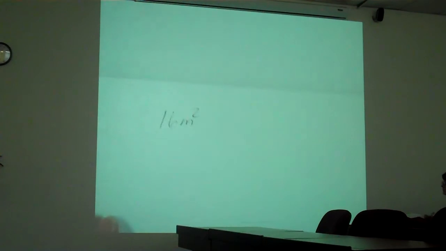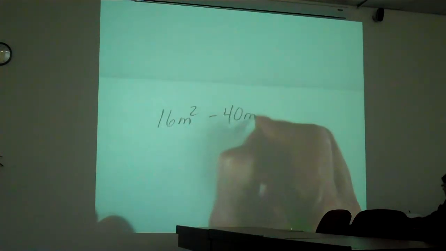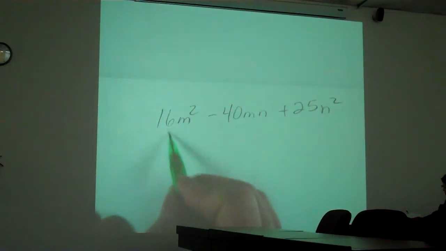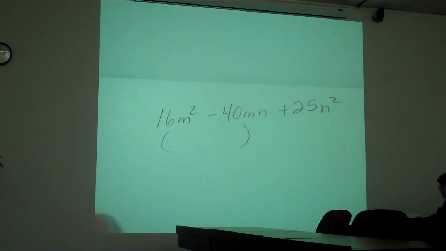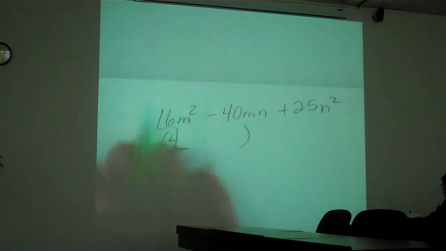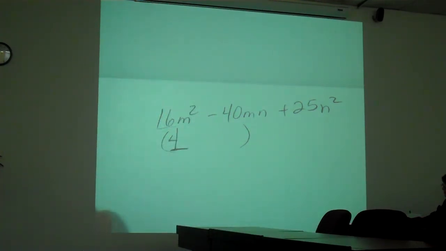Okay, let's go ahead and do a little more of this before we jump into the next kind. 16m squared minus 40mn plus 25n squared. What's the first term going to be? 4 times 4 is 16, right? 4m.